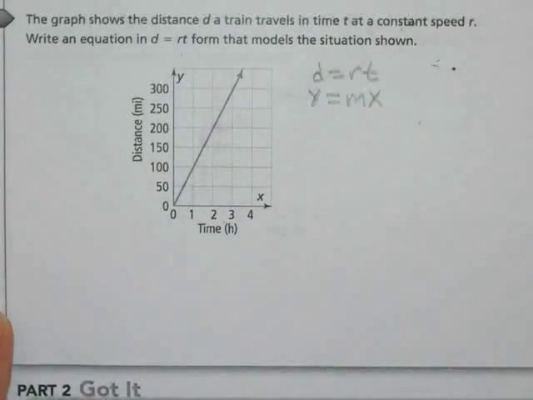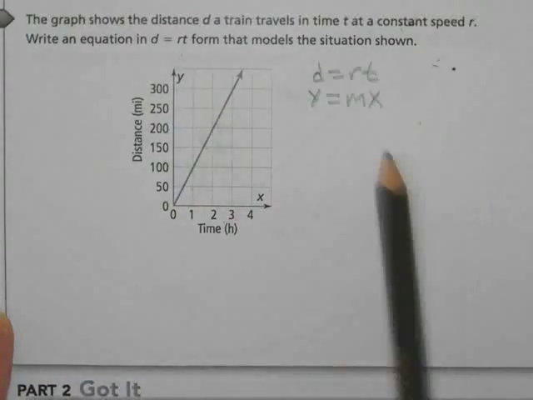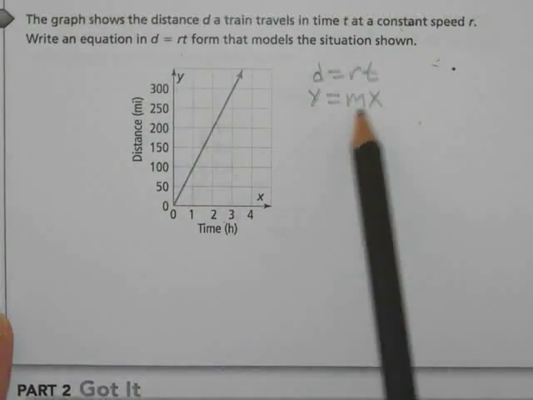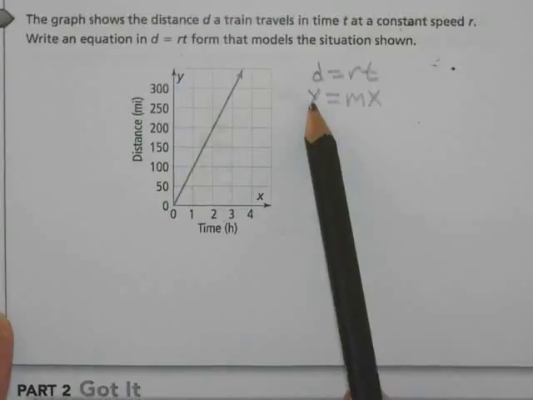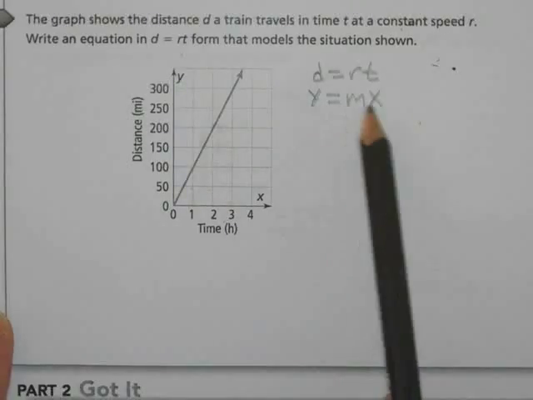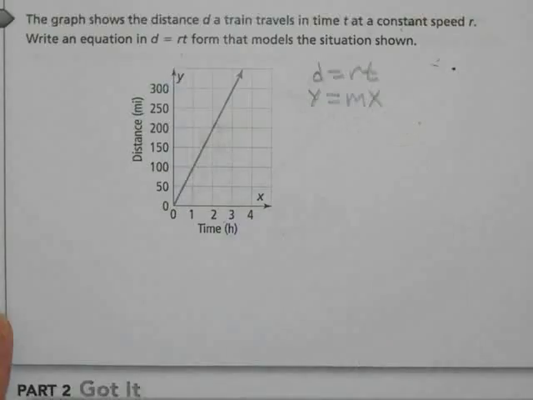What you're trying to figure out is, what are we multiplying the x value by to generate the y value? In other words, what do I do to the x coordinate to get the y coordinate?